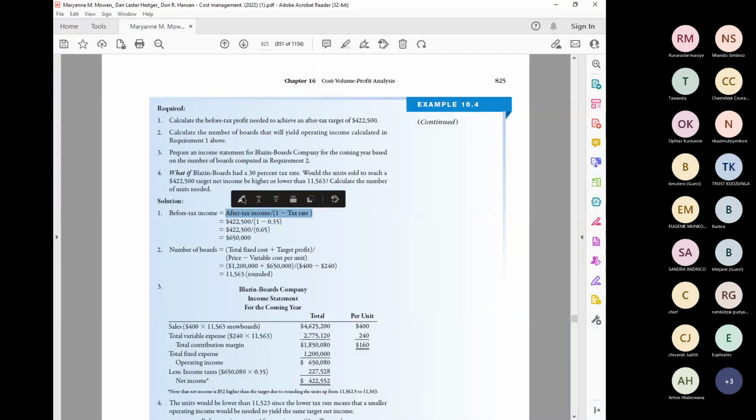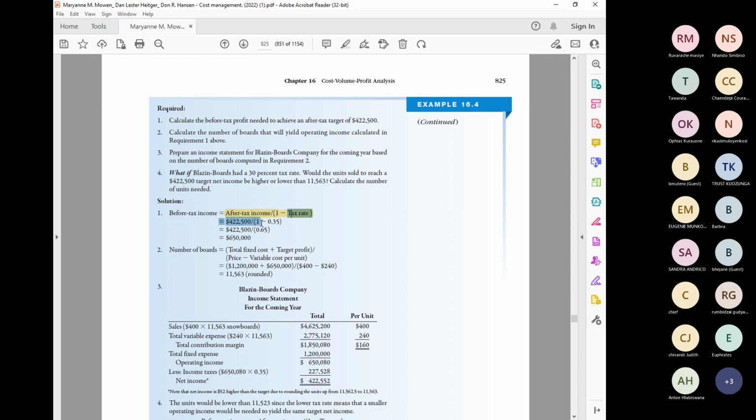That is 422,500 divided by 1 minus 0.35. That is our percentage rate. And then we get 422,500 divided by 0.65. Finally, the answer is 650,000.